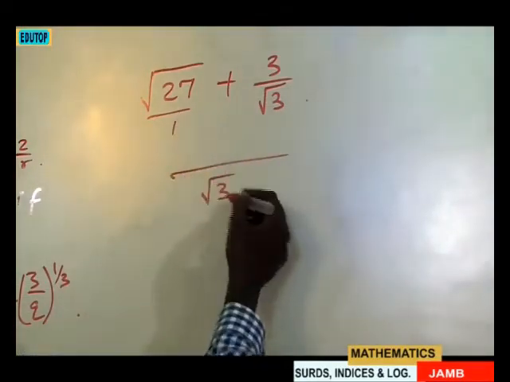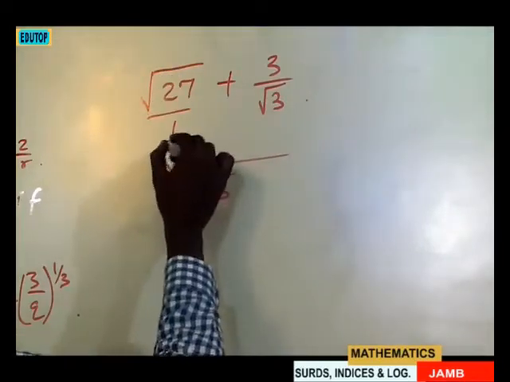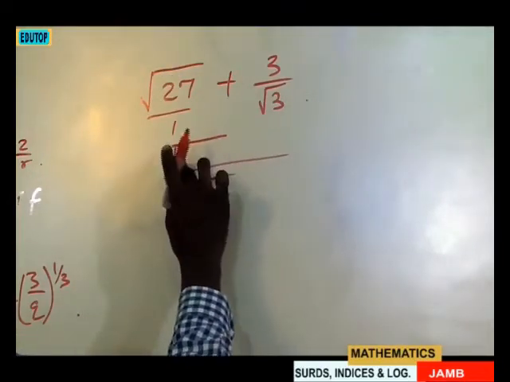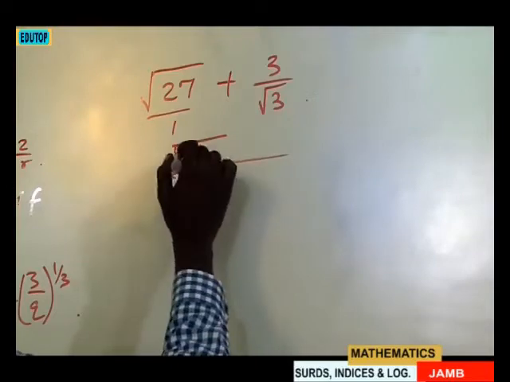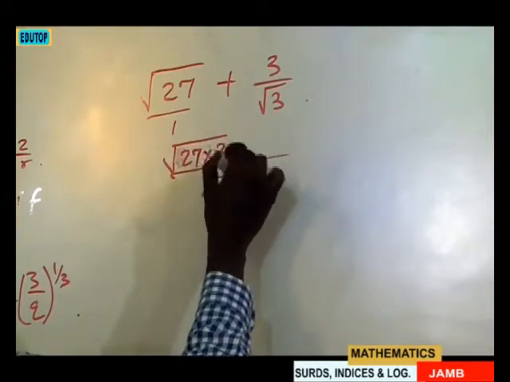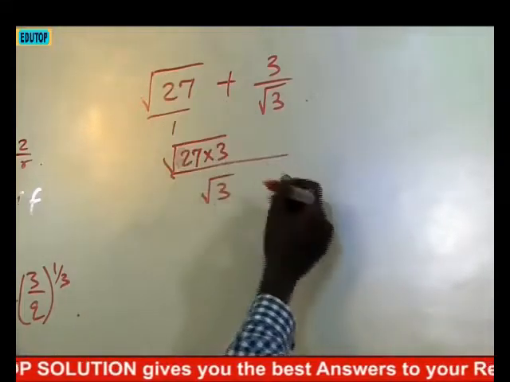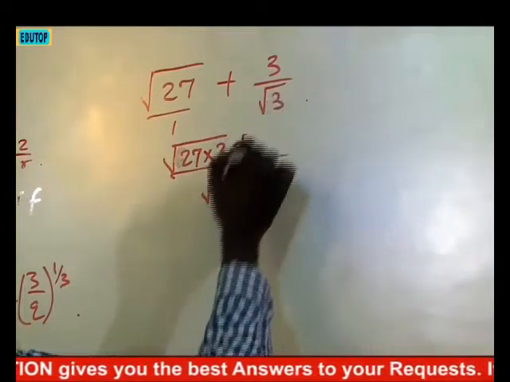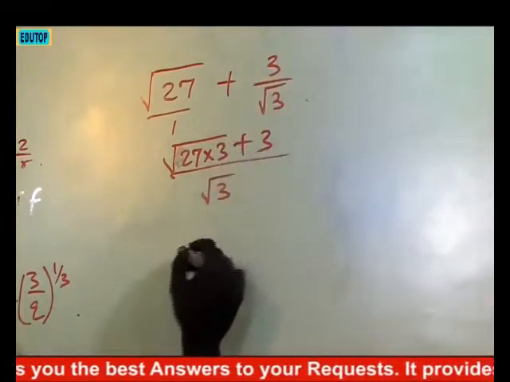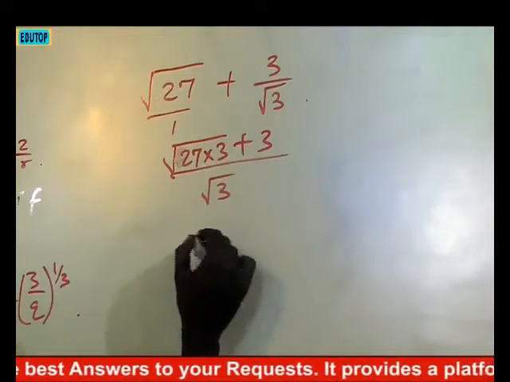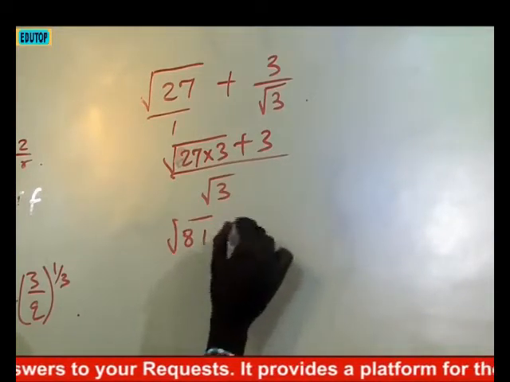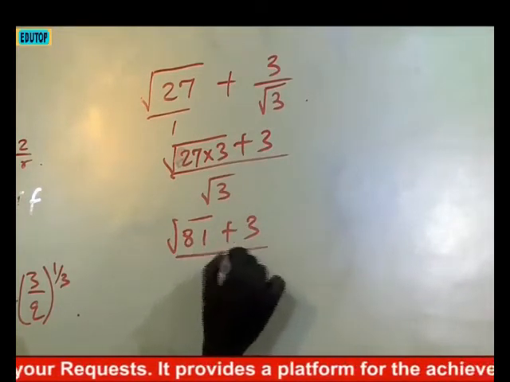How many will you say root 3? Root 3 times this, so you have 27 times 3, that's the meaning of this. Root 3 times this, plus root 3 in this, 1 times this, 3. So I have this times this, that's 81. Square root of 81 plus 3 over root 3.